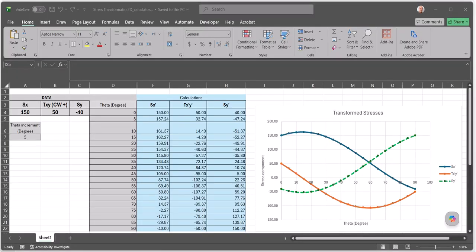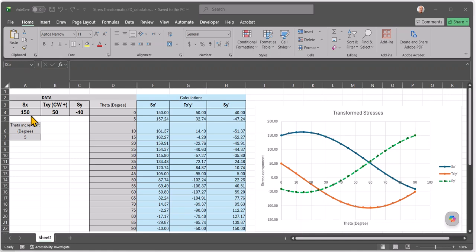To demonstrate this variation, I built an Excel sheet that you see here on the screen. On the left hand side for data, you see the Sx, Sy, and tau xy, and I give them numerical values. So I have a normal stress of 150 units, whatever the unit is, could be megapascal, pascal, psi, whatever.